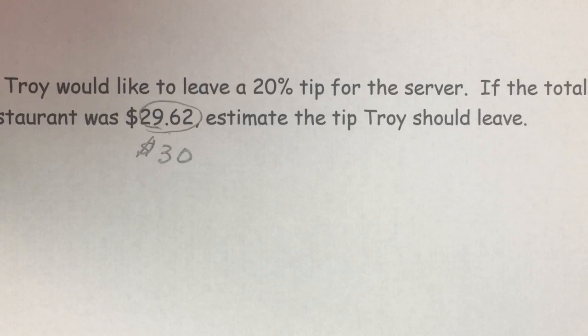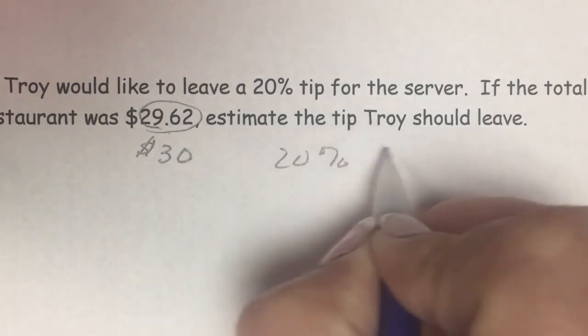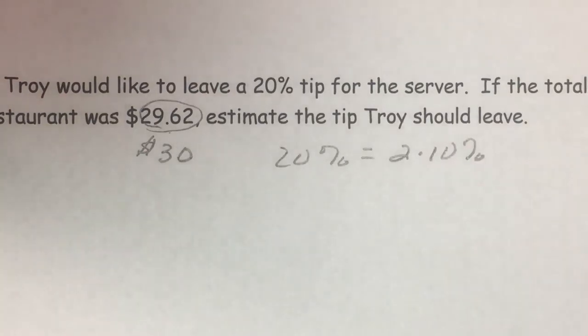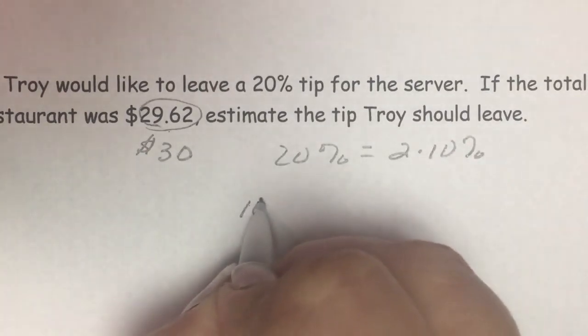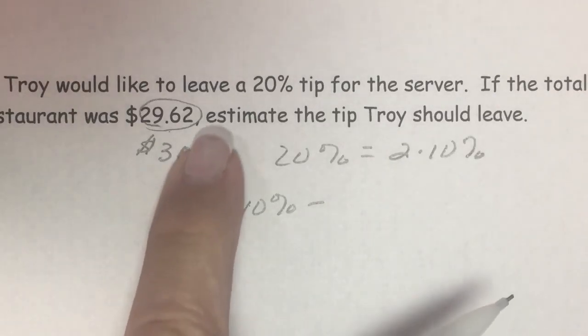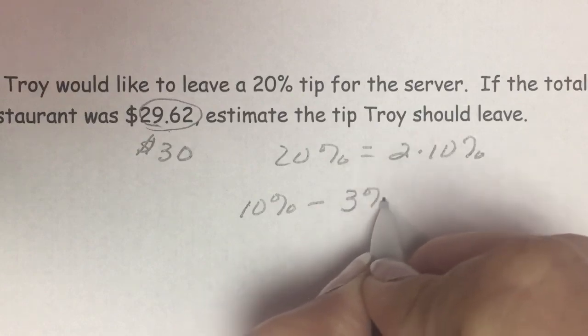So now if I want a 20% tip, well, remember 20% is just 2 times 10%. So the first thing I'm going to do is find my 10%. Again, to find the 10%, you just chop off the last number. So my 10% is 3.